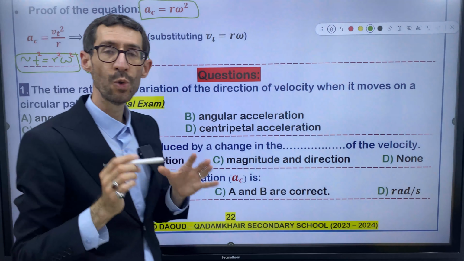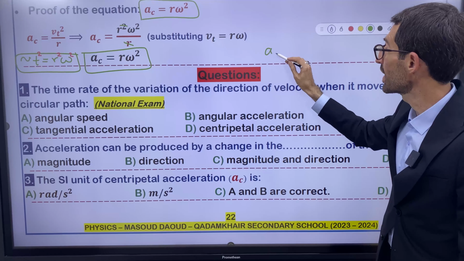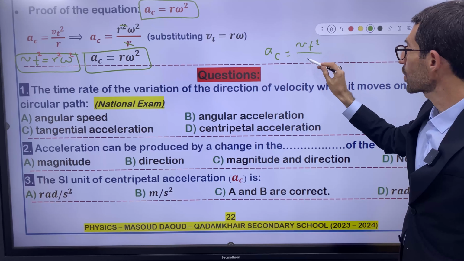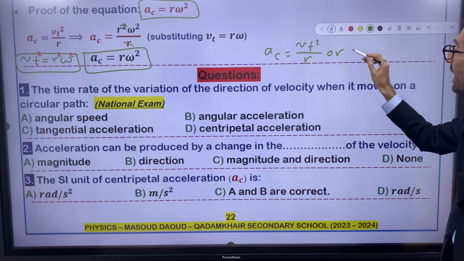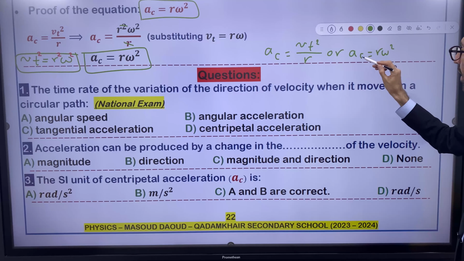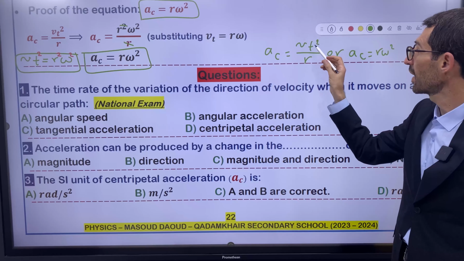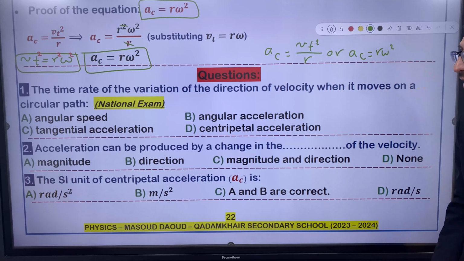Whenever you look for AC, you either use the main equation, VT squared over R, or AC equal to R omega squared. We have two forms of AC: this one based on VT and R, and this one in terms of R and omega.